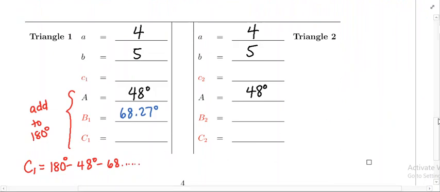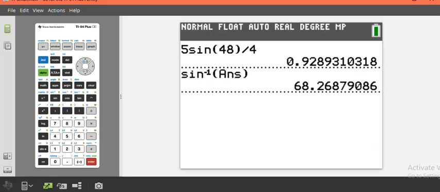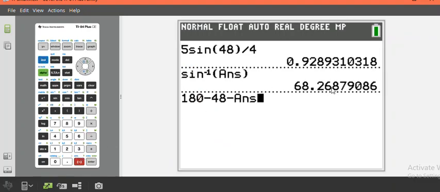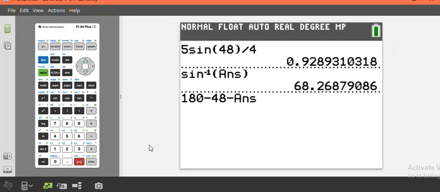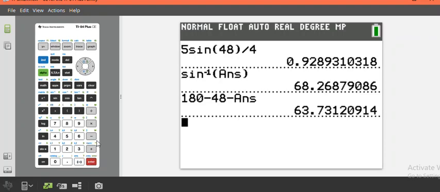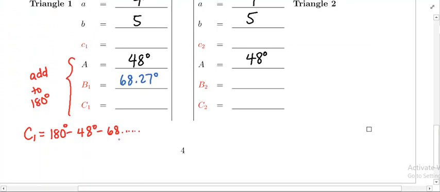Let's go to our calculator and do this. So we're going to have 180 minus 48 minus this quantity, this 68.26879086 number. This is going to be the measure of angle C. So I'm going to go ahead and jot this down.